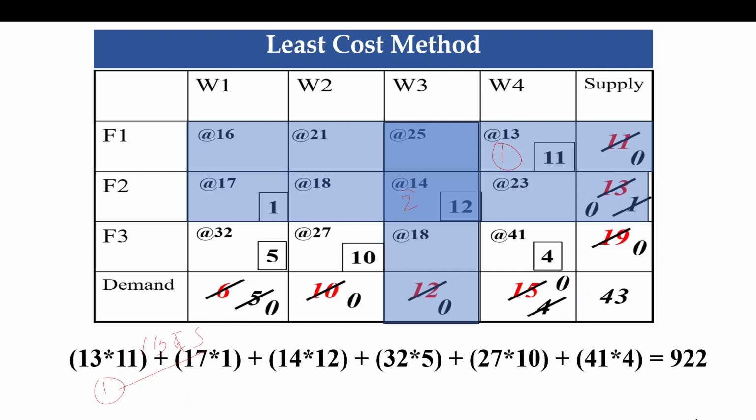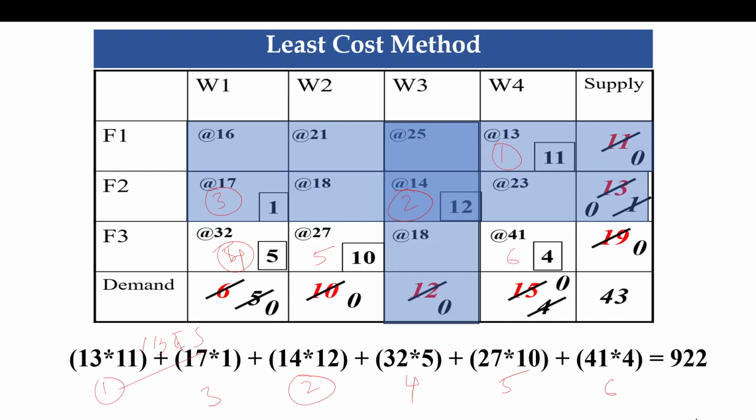This is the second cell, 14 into 12. This is the third cell. This is the fourth. This is the fifth one, 20 into 10, 27 into 10. And this is the sixth one, right?